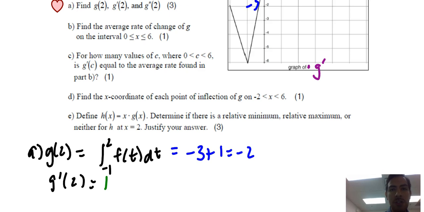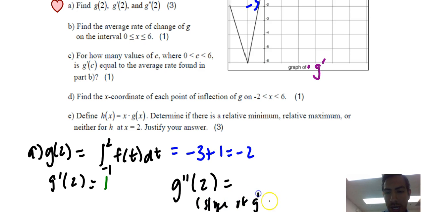For g double prime of 2, I need the slope of g prime at 2. So I'm just going to put in parentheses here, slope of g prime at x equals 2. Okay, and the way I knew that is that g double prime is the slope of g prime. And in order to get that, I'm just going to look at the graph and see what the slope is.